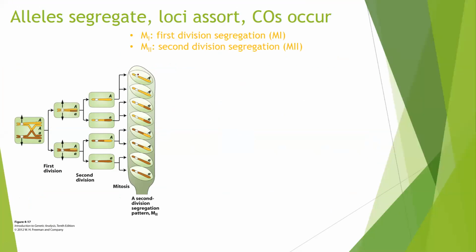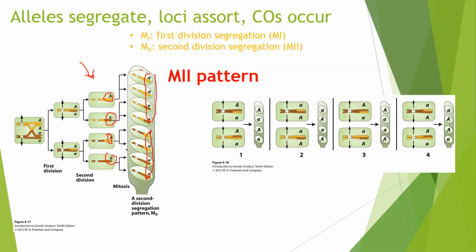The M2 pattern will be like this: big A, small a, and another big A, small a. Or if I give you a tetrad in the question, it shows big A, small a, big A, small a. If you see this pattern, that's the M2 pattern.